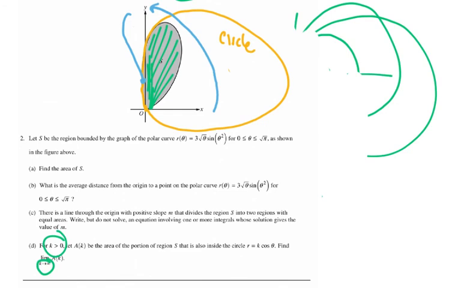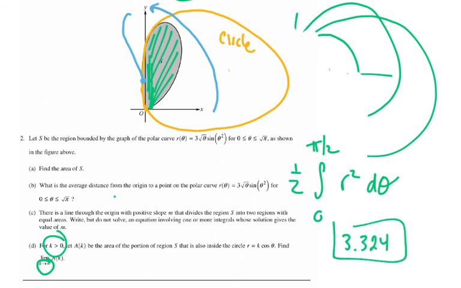So this limit, as the circle gets bigger and bigger, is equal to the area from 0 to pi halves of the original polar curve itself. So what we're looking for is just 1/2 r squared d theta as theta goes from 0 to pi halves, which is also something that you would just type in your calculator, which winds up being 3.324. That one was a doozy.